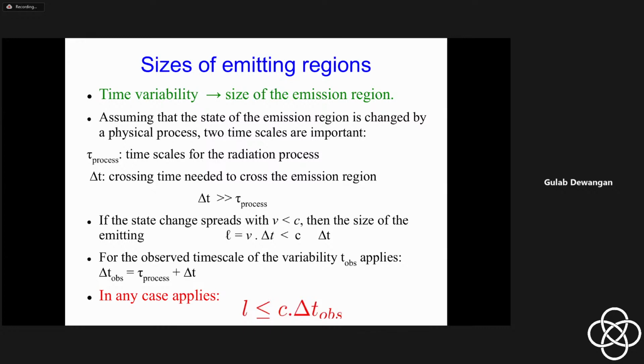So from this we see that in any case, the size of the region must be less than or about the speed of light times the observed variability time scale delta T. So if we say, okay, the flux is changing by a factor of 2 in 100 minutes, then the 100 minutes times the speed of light gives the size of this emitting region.